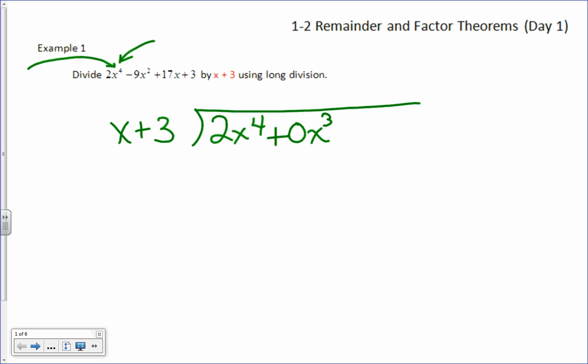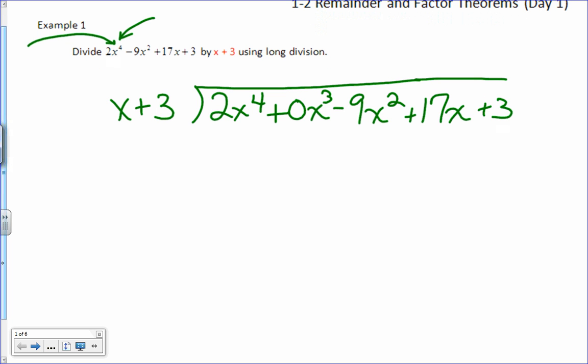Because that's the only way I can insert an x to the 3rd term without changing the polynomial. Okay, otherwise, if I put something else like 1x to the 3rd, then it's completely different. So then 9x squared would come next if we keep going down in order. And then 17x. Again, this is called descending order. Okay. So that's the general setup for long division.